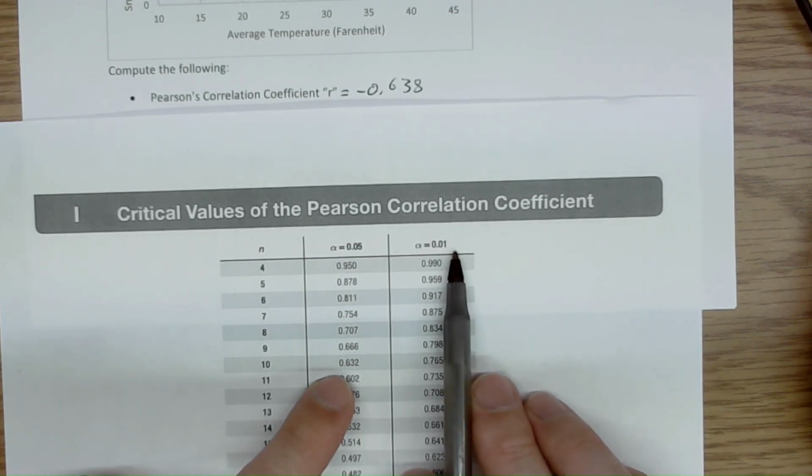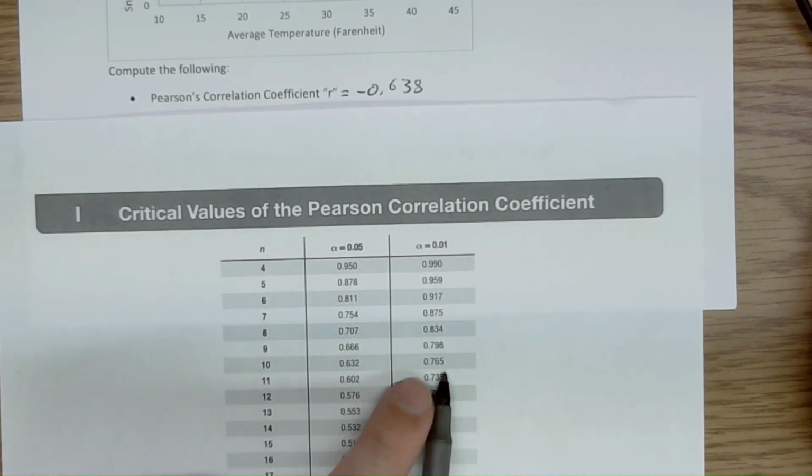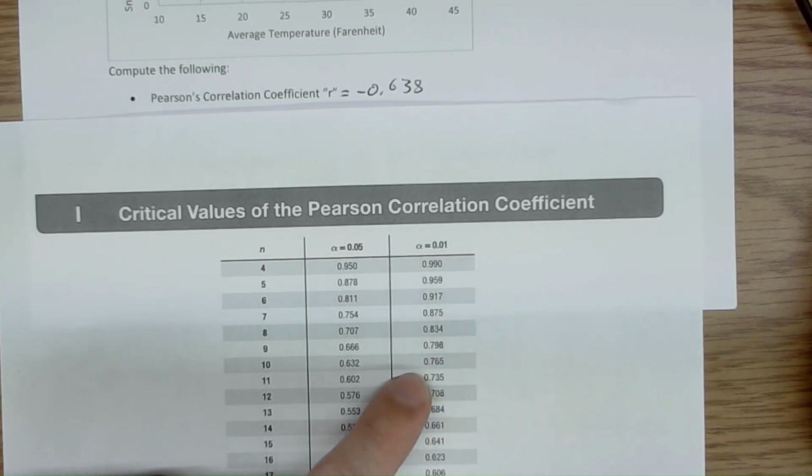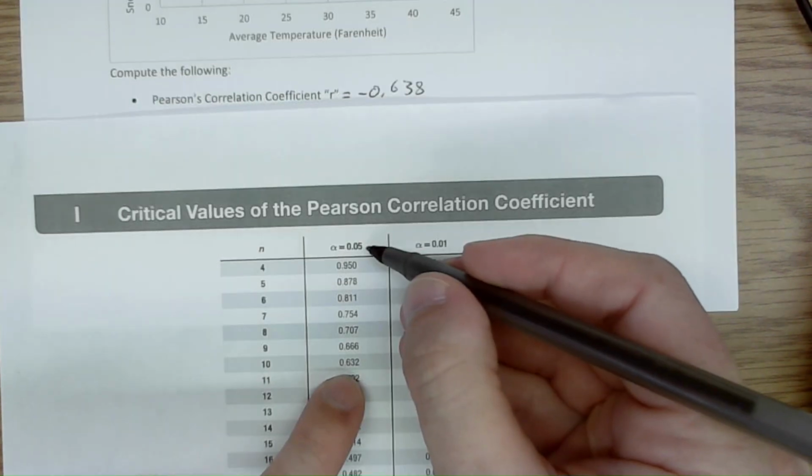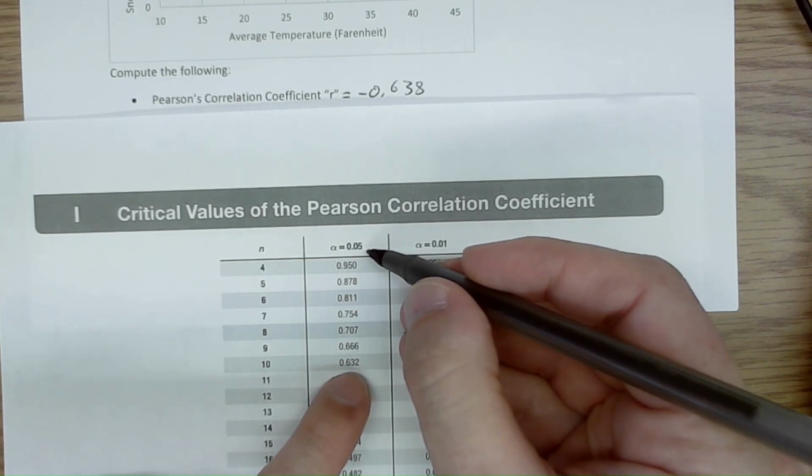Then you would have only a 1% chance of being incorrect. But you'll see that when we do that, the critical value for the correlation coefficient increases if we want an increased significance level.